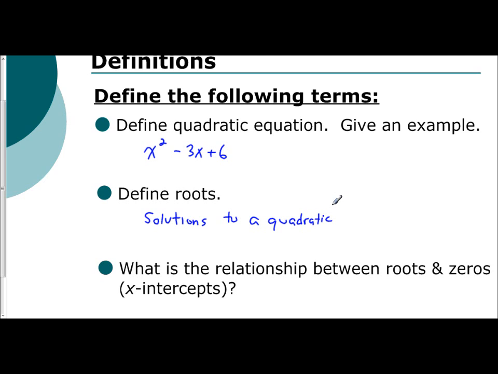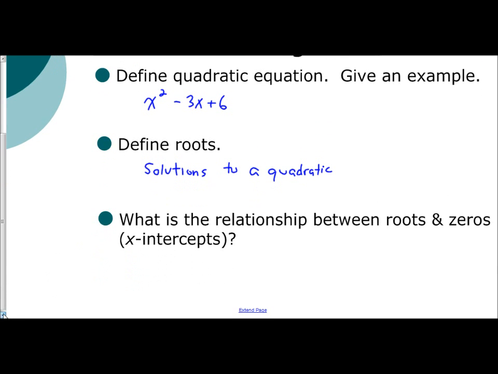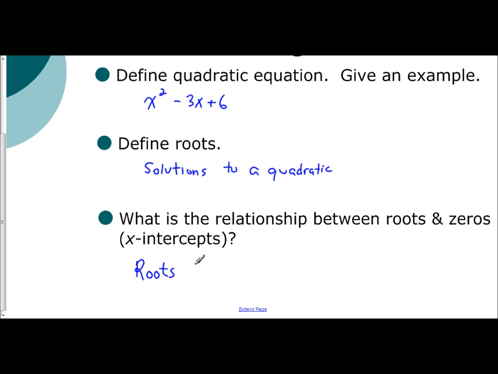Which leads us to this last part. What is the relationship between roots and zeros, x-intercepts? So here we go. We can set this up like an equation. We've learned that roots represent our solutions. Zeros represent our solutions, and zeros are your x-intercepts. And so x-intercepts represent our solutions.